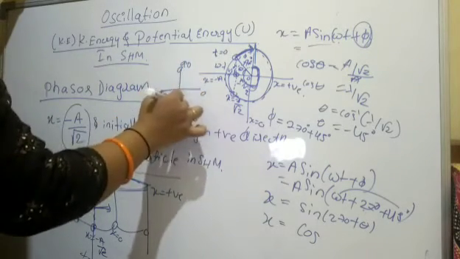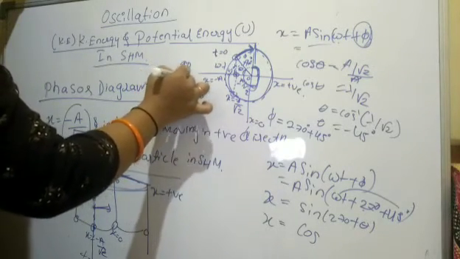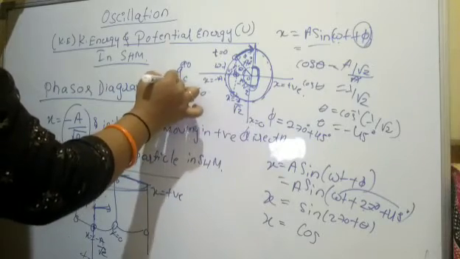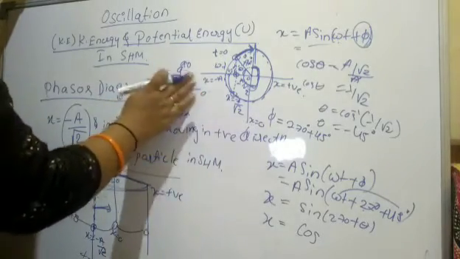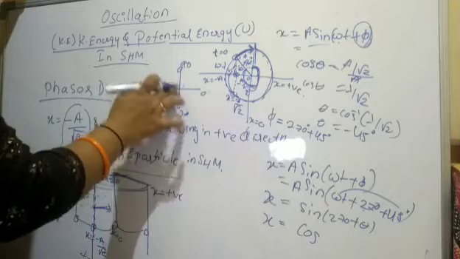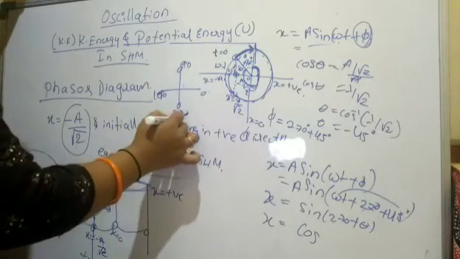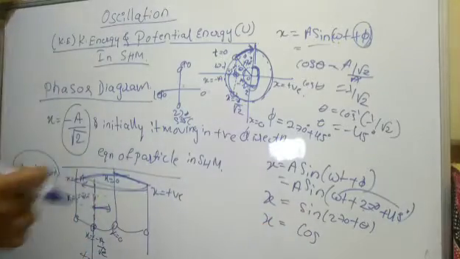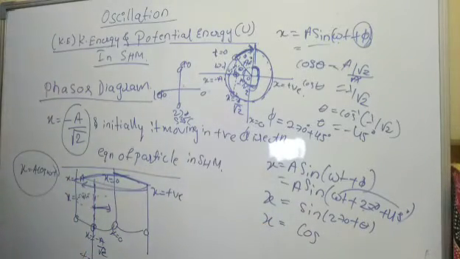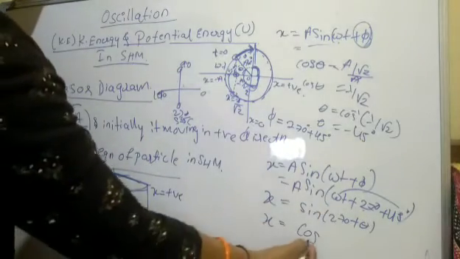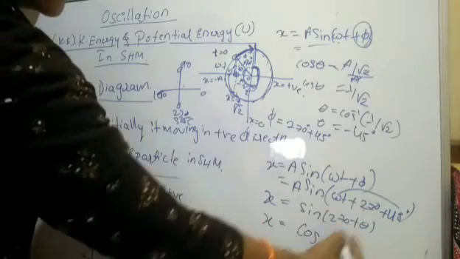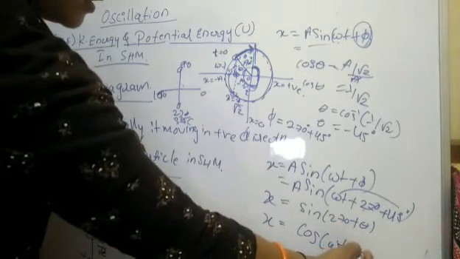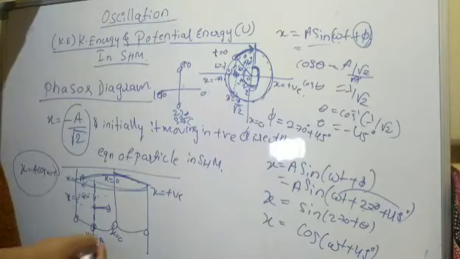For 90 and 270, sine changes to cos and cos changes to sine. So here in the form of 270 also, sine changes to cos. Next, cos theta. Theta means what here? Omega t plus 45 degree.